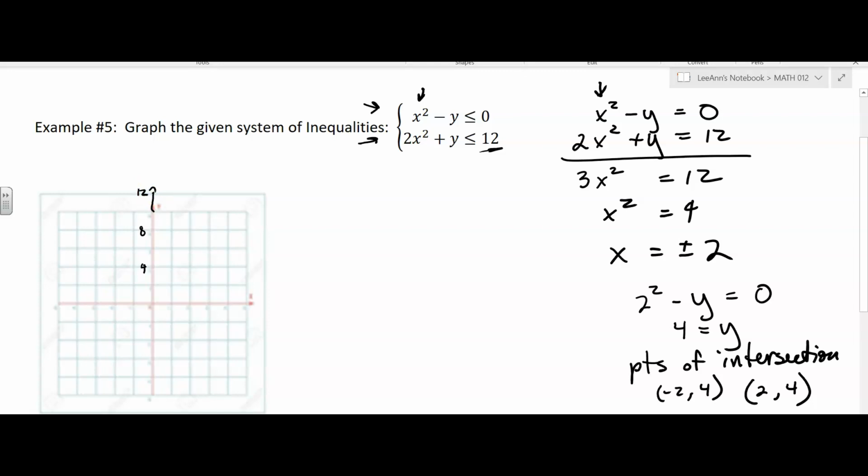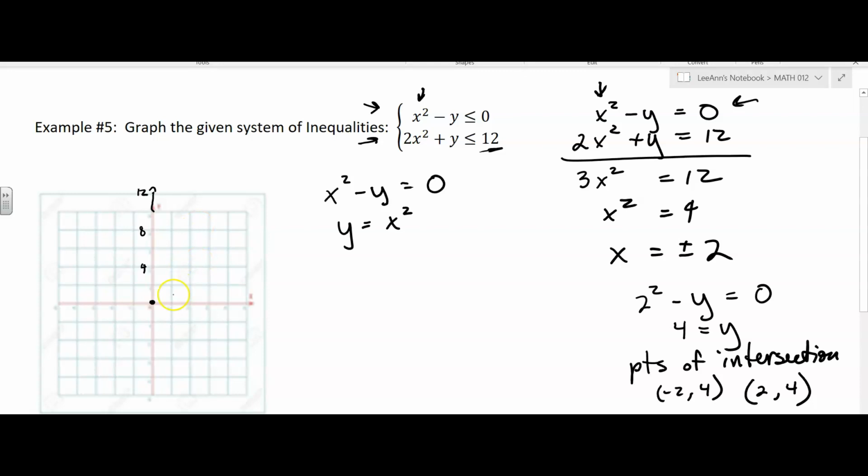Now I'm going to go ahead and graph this equation right here, x squared minus y equals 0. I want to graph the equation, so that's y equals x squared, right? That's your basic parabola. Oh, shoot, I forgot I had changed my scale. Let me get those out of there.